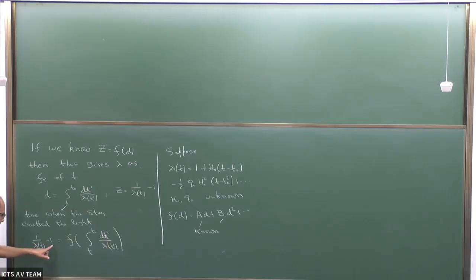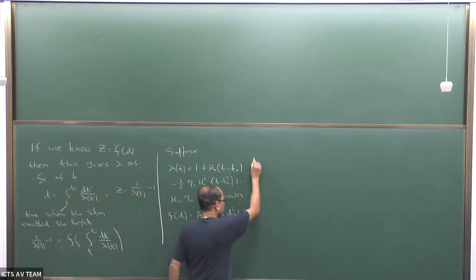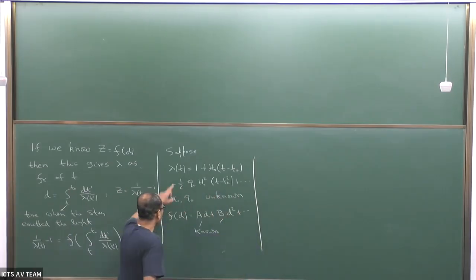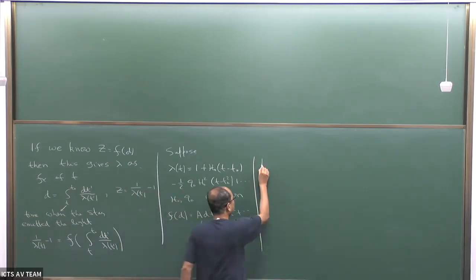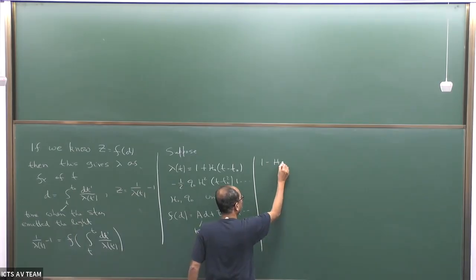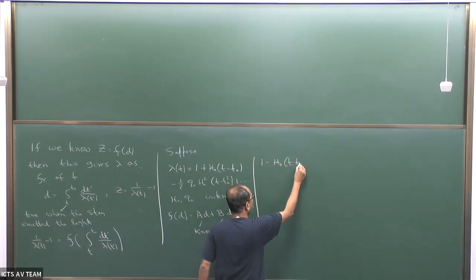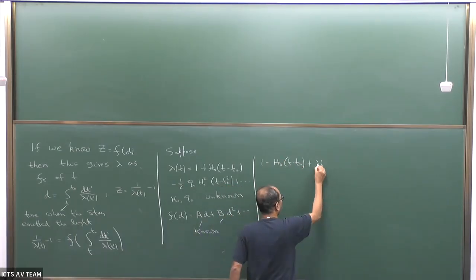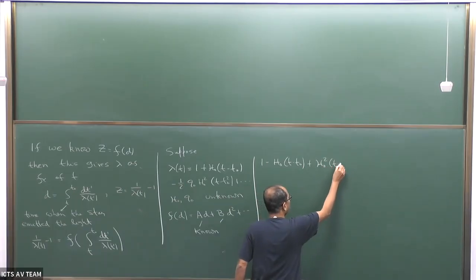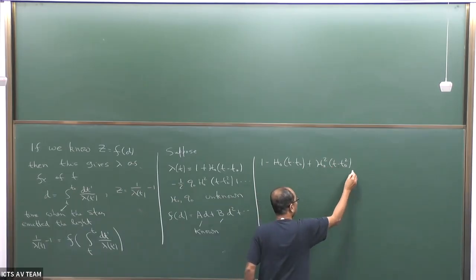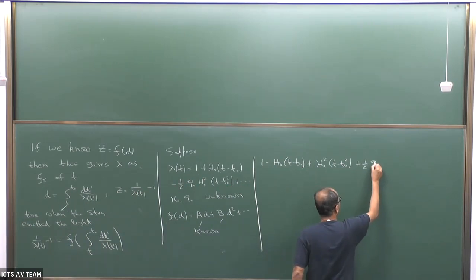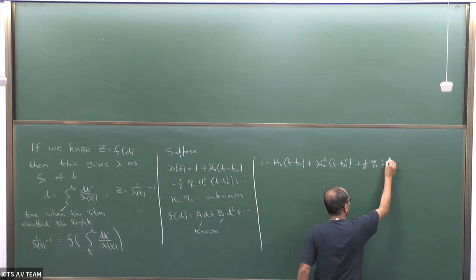Okay, so now let's try to expand both sides of this equation. On the left hand side, we have 1 over lambda, so you can do it with the expansion. So you get 1 minus h naught (t minus t naught) plus h naught squared (t minus t naught) squared plus and so on.